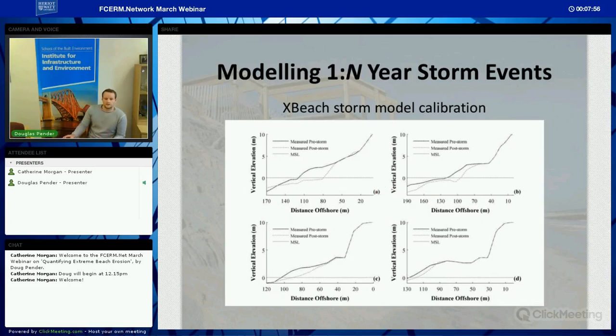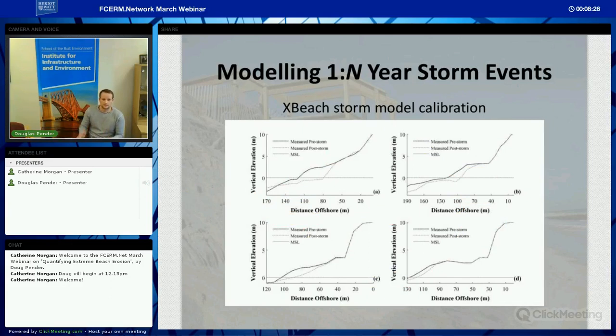So next, once you've identified the storm events, what you have to do is calibrate the numerical model for that. So in this instance, we're using this model XBeach. A lot of you might be familiar with XBeach. It was a joint venture by UNESCO-IHE, TU Delft, and Deltares, and it's a 2D storm erosion model. So it sort of specializes in estimating and modeling dune erosion. So from your previous independent storm event time series, we picked 4 different events that result in different levels of erosion.